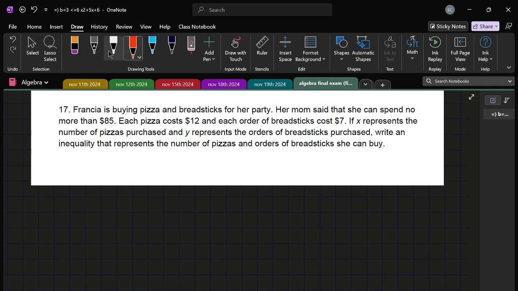This is a simple inequality, but let's write down our key facts. Pizza, $12. Breadsticks, $7 a piece. And our limit is $85 max.